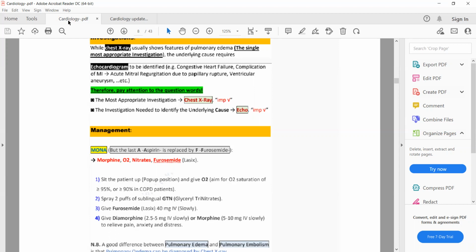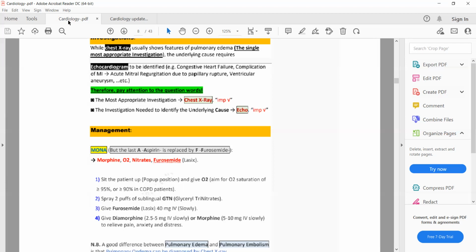Management is always like MI. In MI, the initial management was morphine, oxygen, nitrates, and the fourth one was aspirin. But here, aspirin will be replaced by furosemide. So initially, we'll sit the patient in a pop-up position and give oxygen.